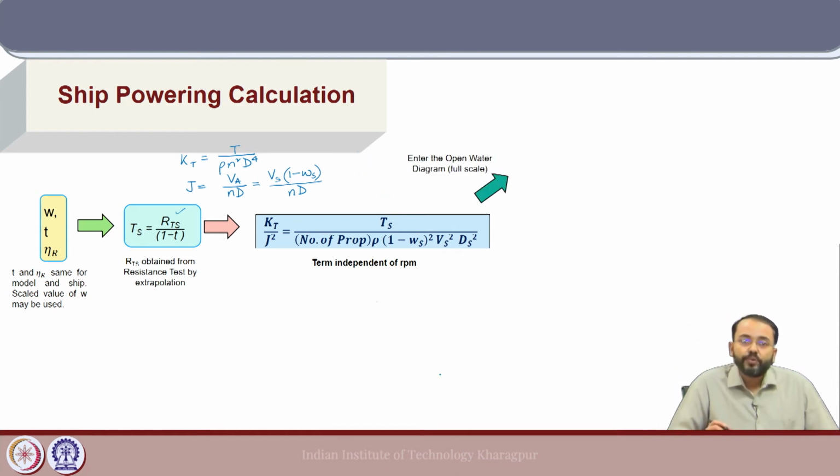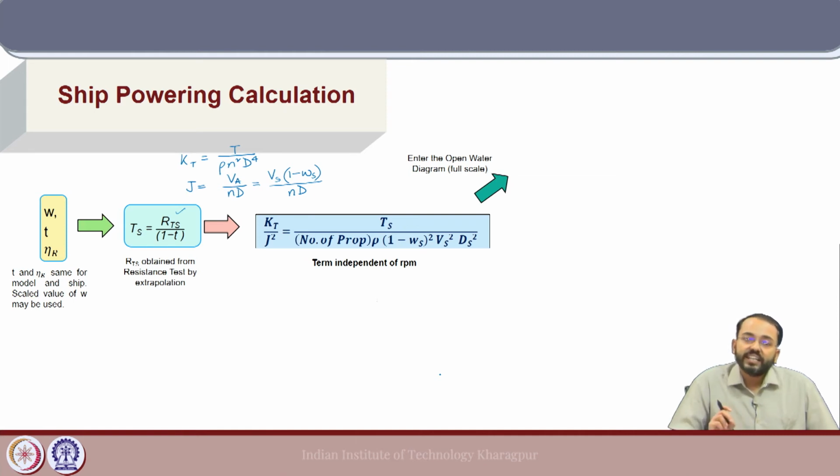In the next step, we will use this value of kT by J square to enter the open water diagram in the full scale. Now, we have also discussed how to get the full scale open water diagram from the model scale if we are correcting for the Reynolds scale effects. That we can do using ITTC standard procedures, or some towing tanks have their own way to get the full scale open water diagram from the model scale.